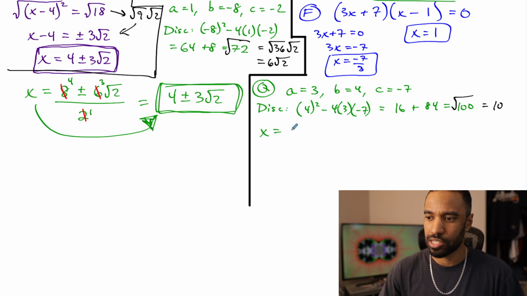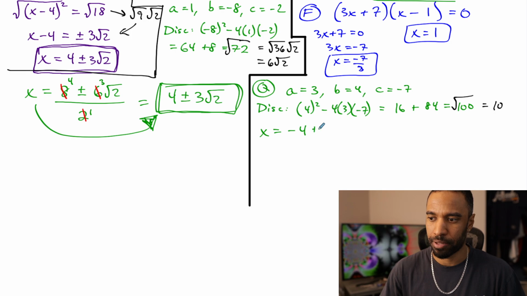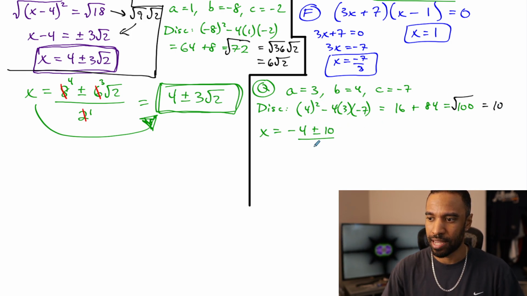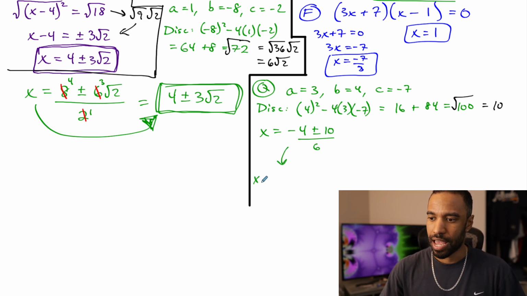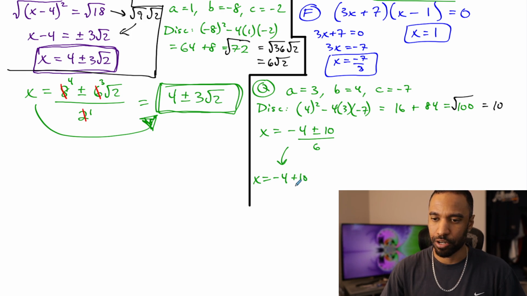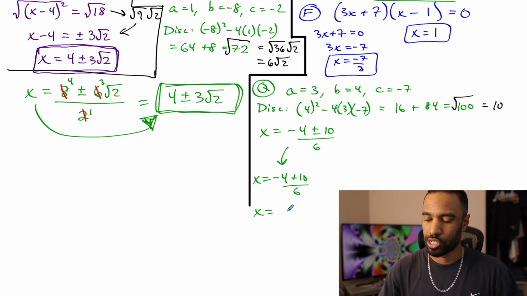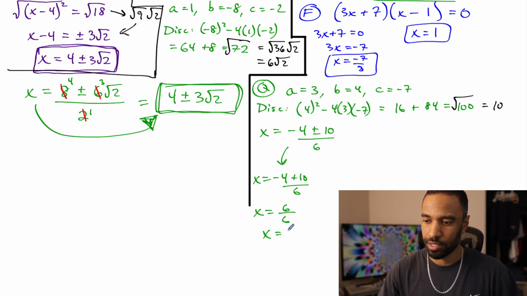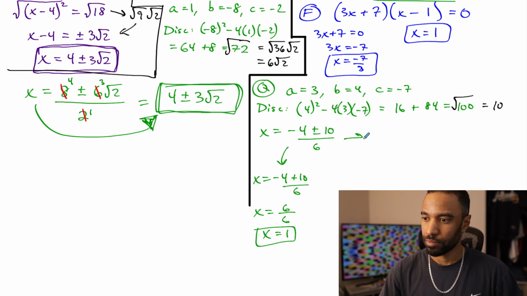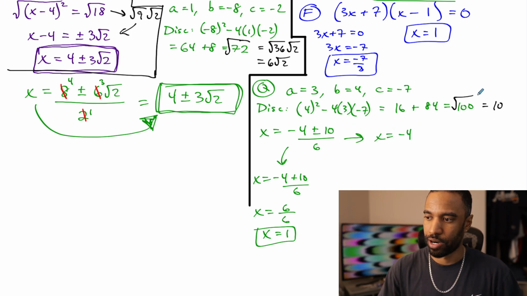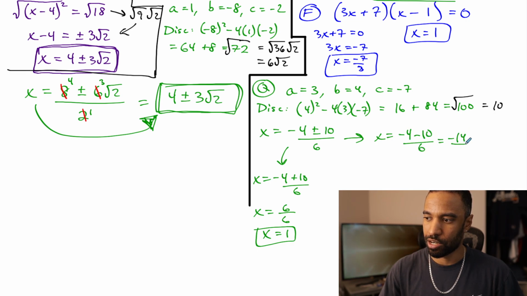All right, here we go. X equals negative b plus or minus the square root of b squared minus 4ac, all divided by 2a. That's 6. 2 times 3 is 6. So either x equals -4 plus 10 over 6, which is 6 over 6, which is 1, which is one of the answers, or x equals -4 minus 10 over 6, which is -14 over 6, which is -7/3.